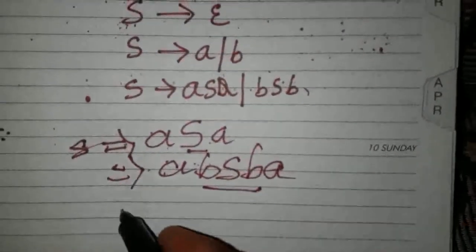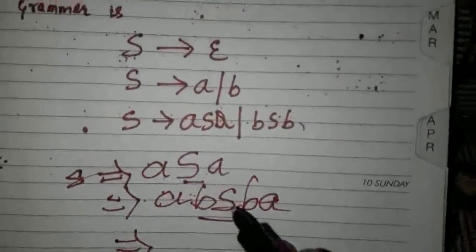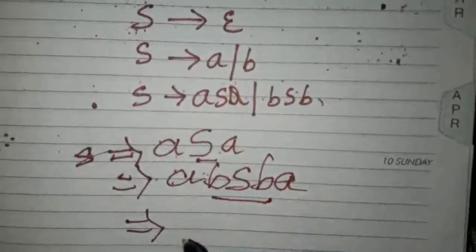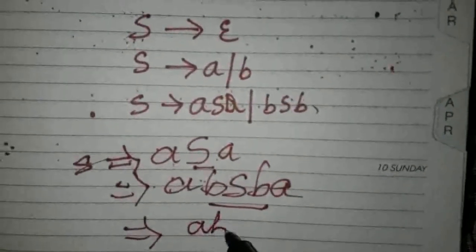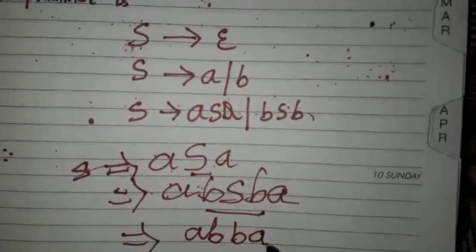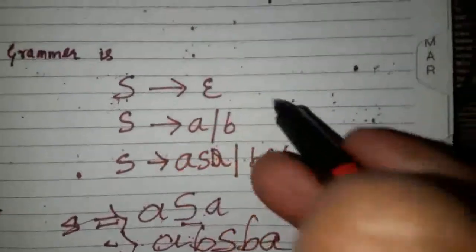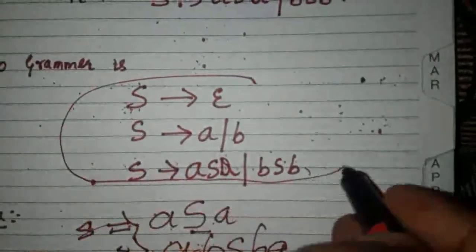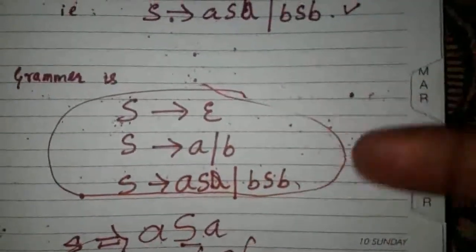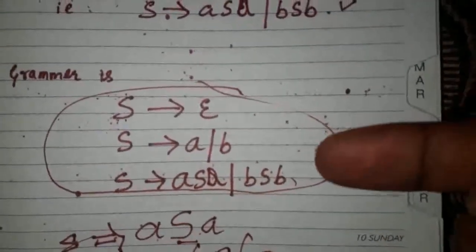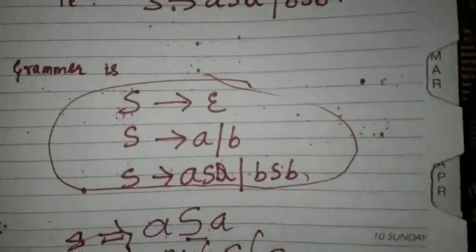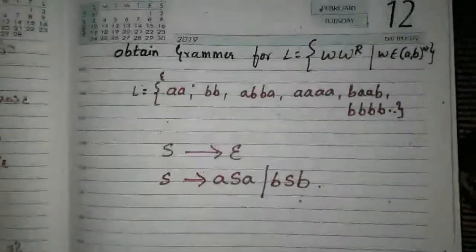Next, what will happen? I can take the value of S as epsilon. Then what do you get? A, B, B, A is a palindrome. Likewise, using this grammar, you can do some more derivations and check whether the obtained string is a palindrome or not. Okay, so we'll see the next problem.